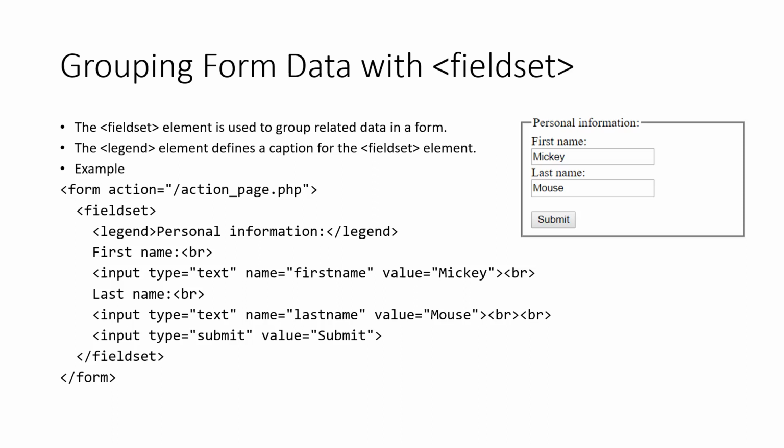For example, when you ask for first name and last name, we can group them as personal information. So you see here, we have additionally put a fieldset, right? Then we are going to actually use them within this one. Right? So that's about the fieldset.